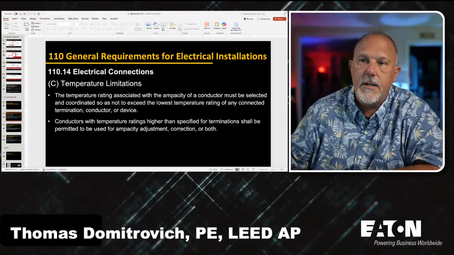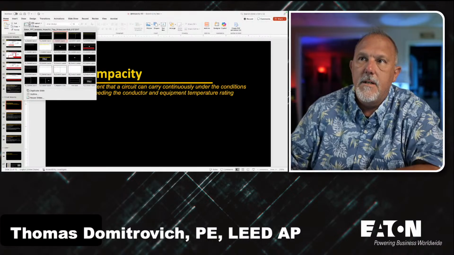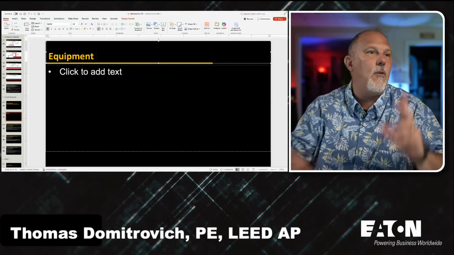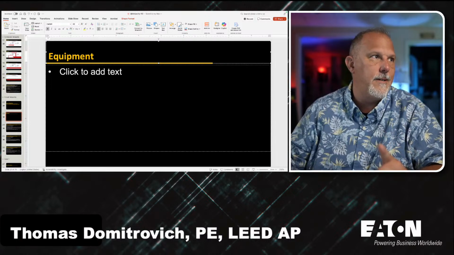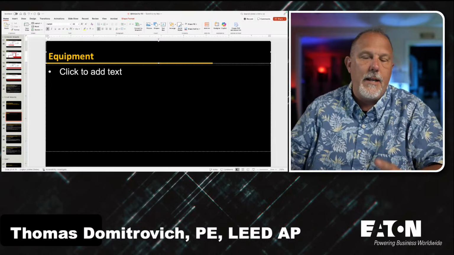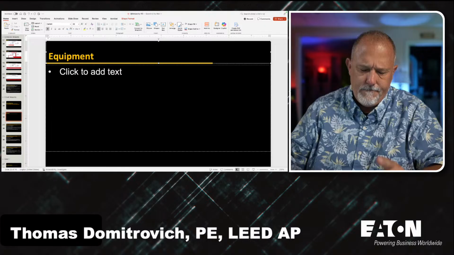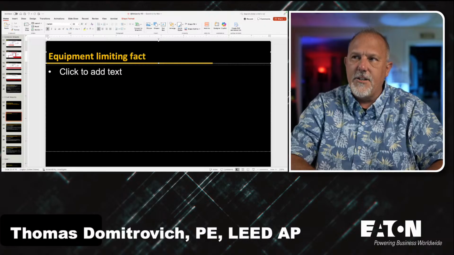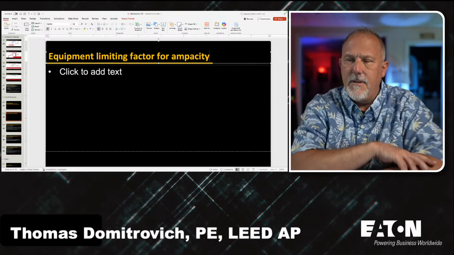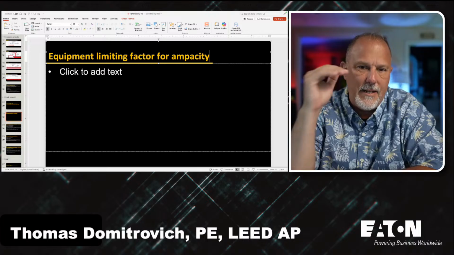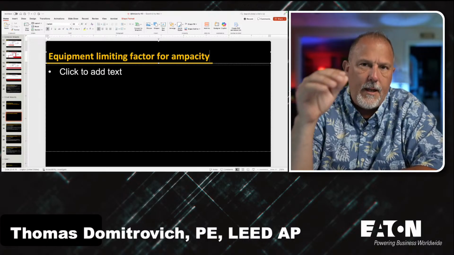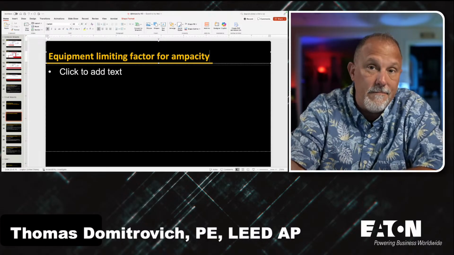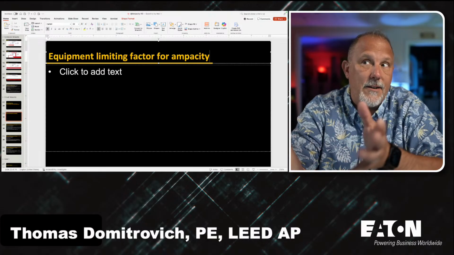I'm going to put a new slide. I am going to say equipment. Now, what would you call this? It's the limiting factor for ampacity. It puts a limitation on the ampacity. It can't be the conductor, it's got to be the entire circuit.